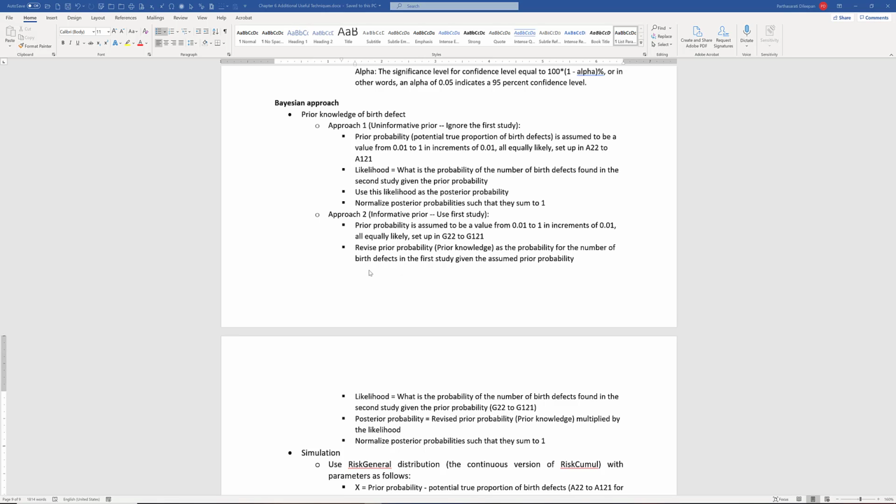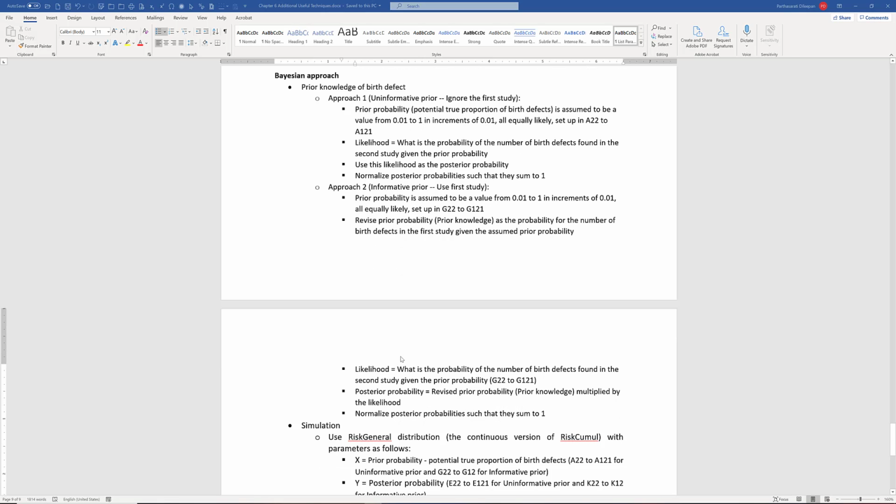Okay. Now we bring in the second study, again for the same prior probabilities going from 0.01 to almost close to 1 from G22 to G121, we compute the likelihood, which is the same as in approach 1.